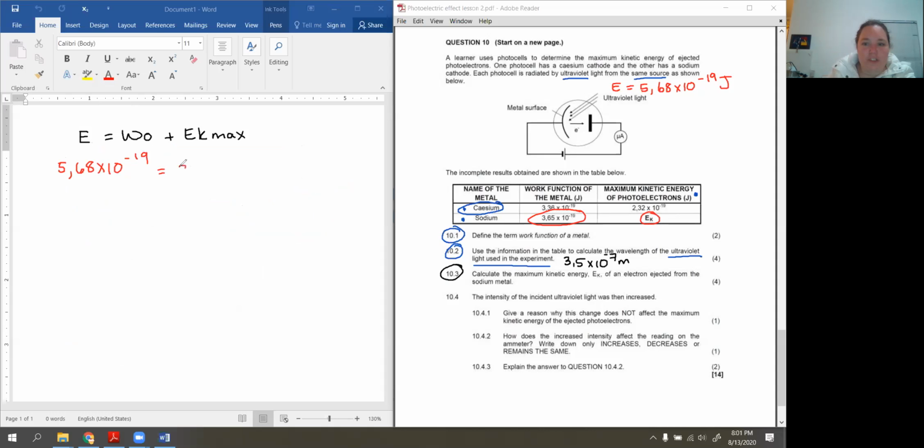The work function is 3.65 times 10 to the negative 19. And there is our kinetic energy. 5.68 minus 3.65, both times 10 to the negative 19, gives the kinetic energy as 2.03 times 10 to the negative 19 joules.